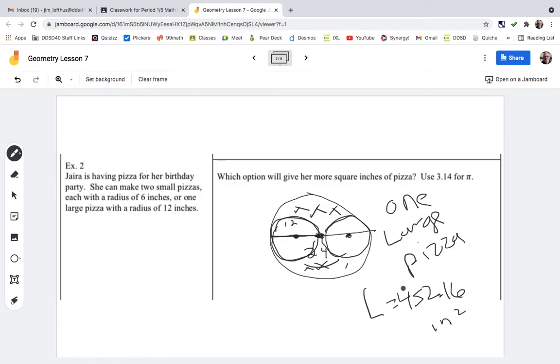And if I do 6 times 6 times 3.14, I get 113 times 2. I get 2 of them, and that's 226. So 2 small is 226.08, much smaller. So you get a lot more with one large pizza.